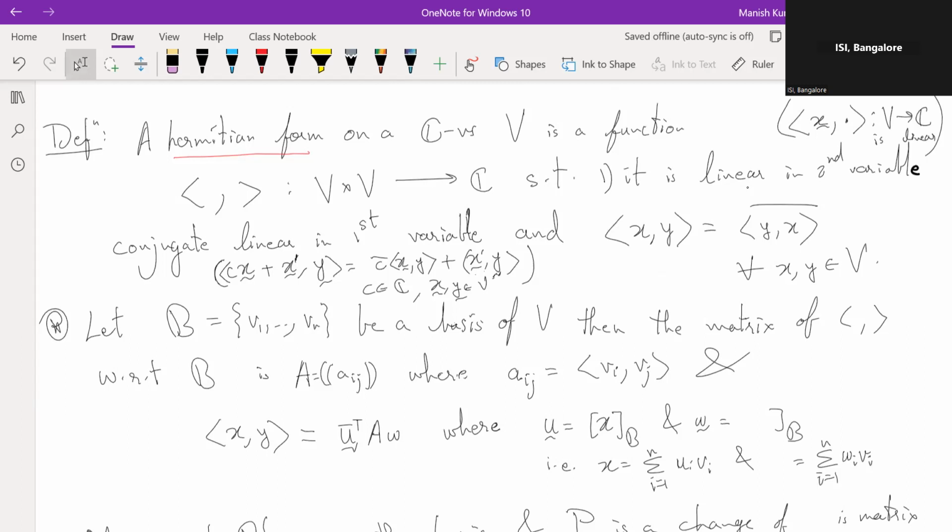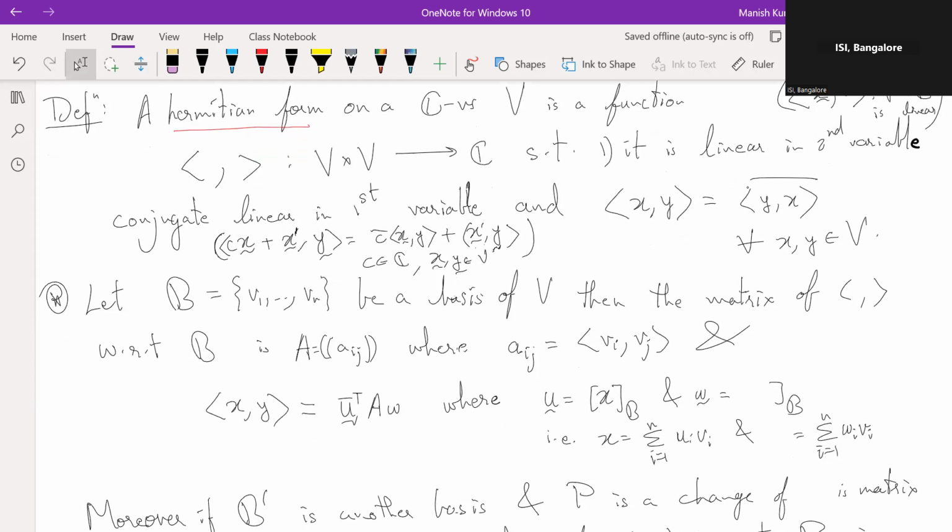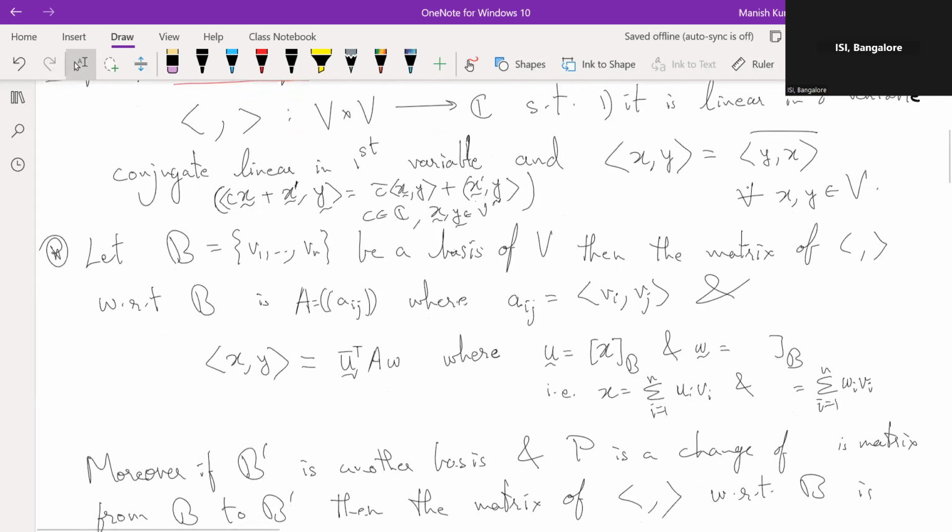So the definition is the same as in the symmetric bilinear form or the bilinear form. To define the matrix you don't really need symmetry, but for Hermitian we are taking this as the definition. That's automatically conjugate symmetric.